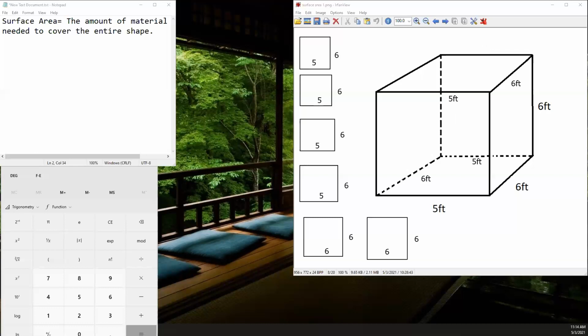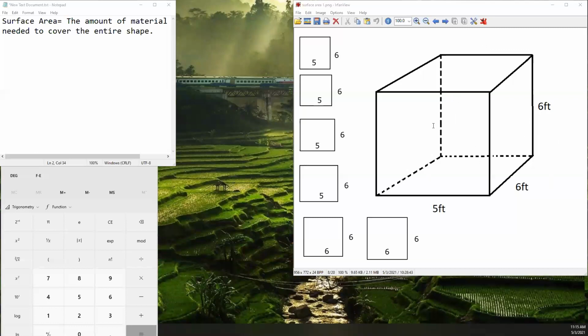Essentially, what I'm saying is that using the information given to you in this picture, you can figure out all 6 sides' measurements. And we have them all laid out here in 2D shapes. If we did their area formulas, right, then we're done. We add all those area formulas up, and that's our surface area.